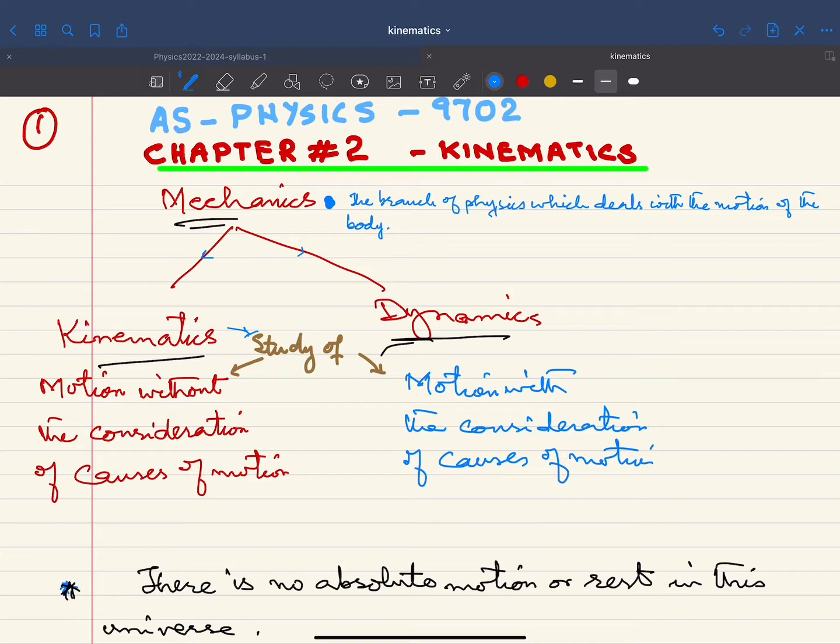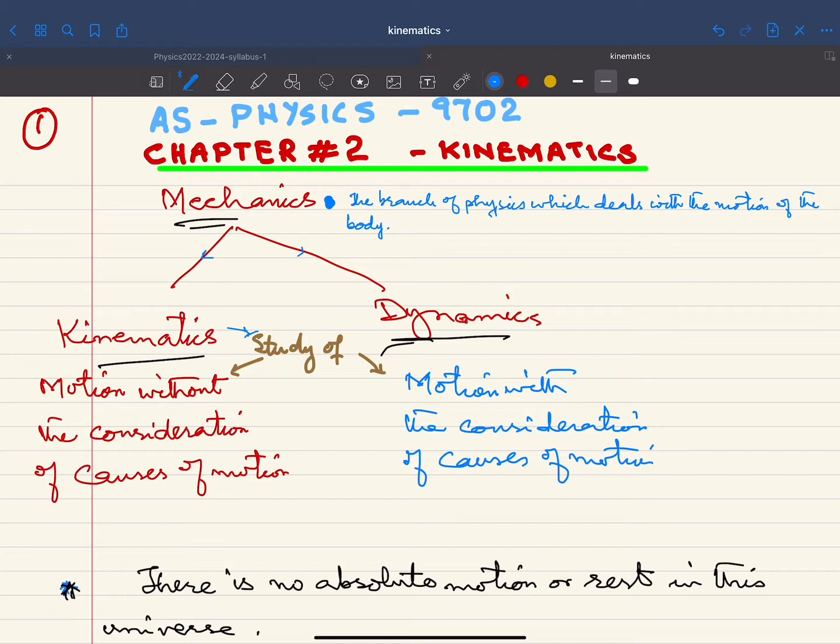Yani when we study kinematics, we will not consider the forces making any changes in the displacements or velocities or acceleration, whatever. The whole discussion will be without consideration of the causes.